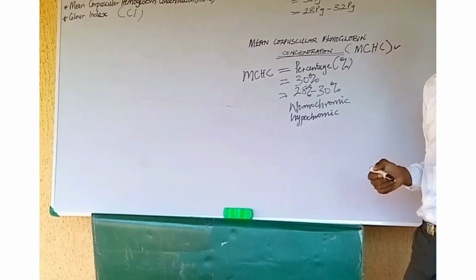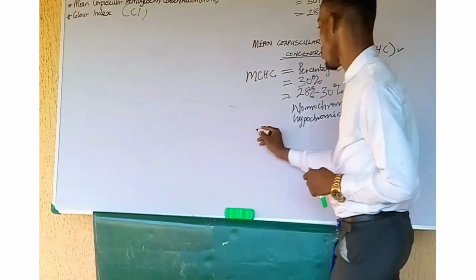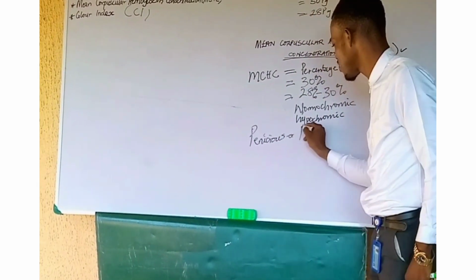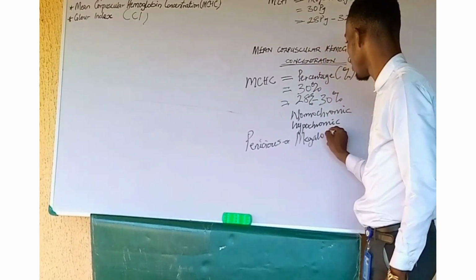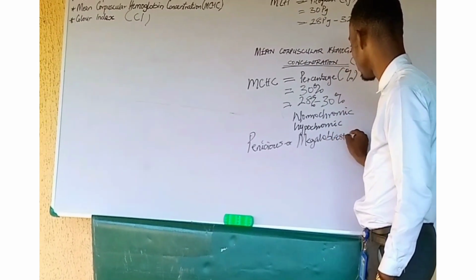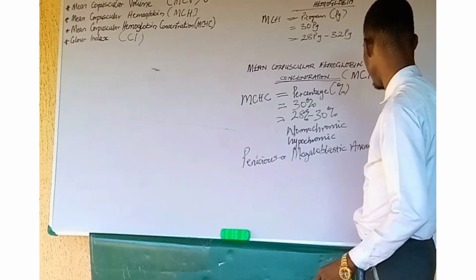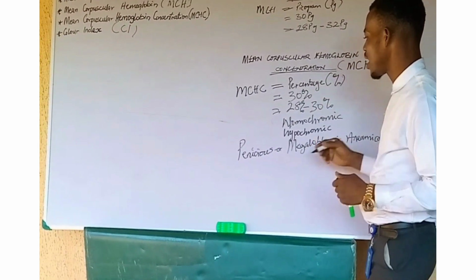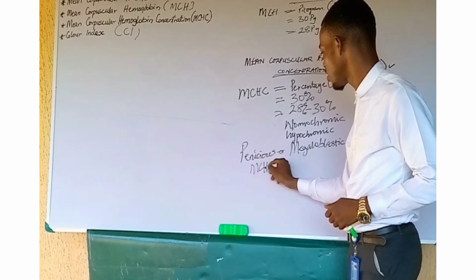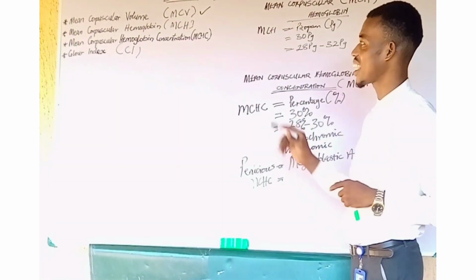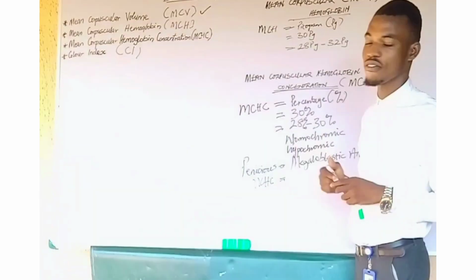Okay? Now, in our clinicals, which is pernicious or megaloblastic anemia, we say that MCHC is macrocytic regarding the weight of mean corpuscular volume.